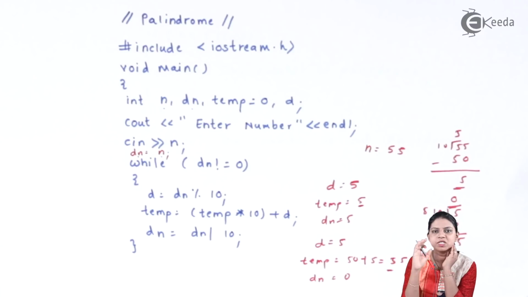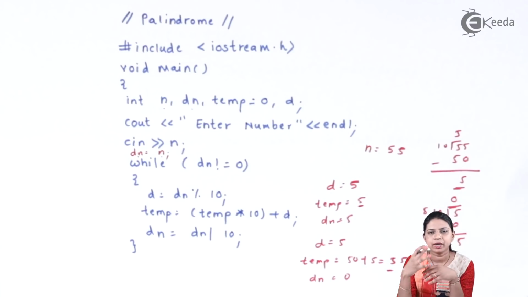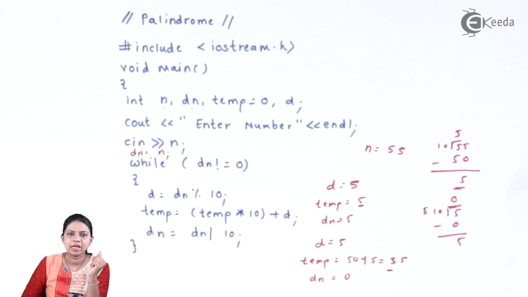This is how basically we separate the digits. While separating the digits, we divide our number by 10 and collect the remainders and quotient. Then we check whether the resulting number is the same as the original number.